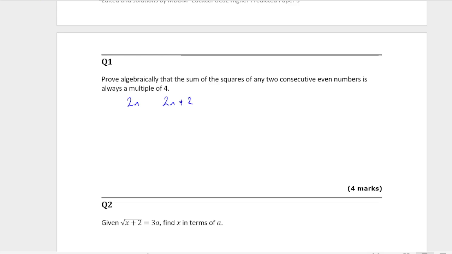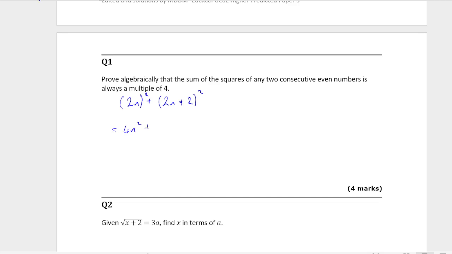So prove algebraically that the sum of the squares, so I want to square them both and add them together, and I want to prove that it's a multiple of 4. So ideally, when I've multiplied this out and simplified it, I'm going to get something that can be factorized with a 4 outside, so 4 is a factor of it. But let's look. 2n squared would give me 4n squared.